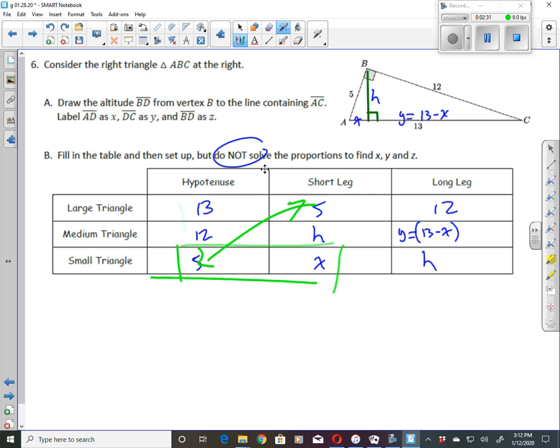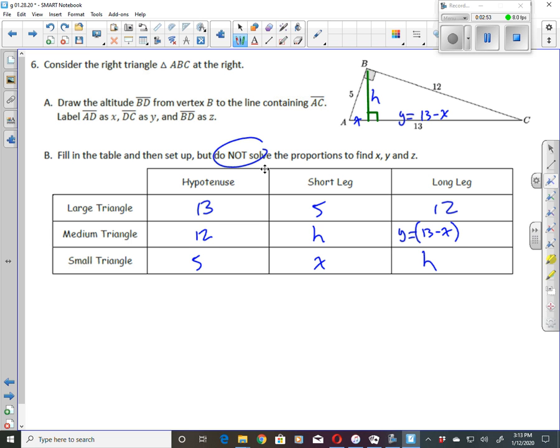If I use, say, these two here and these two here, I've got the 12s, right? Which is kind of interesting. Those end up being the same when you cross multiply. So there's some patterns here that we're going to look for as we go.